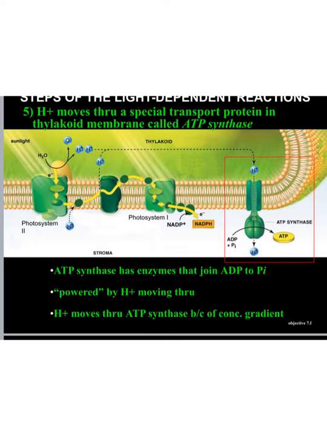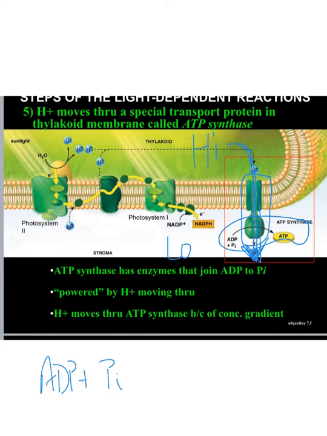So ATP synthase is located here on the membrane. And what happens is, as hydrogen ions flow down their concentration gradients, remember they're high inside, low outside, they are going to flow out of that channel or that pump. And as they do that, they cause this reaction to take place: ADP plus a phosphate yields ATP.